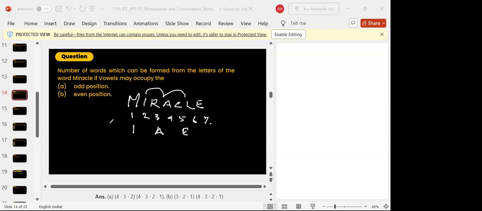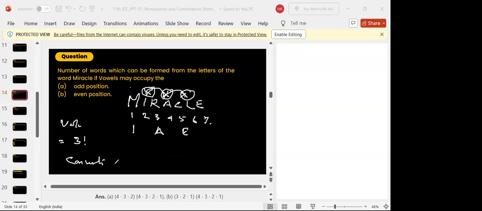So when the vowels are accompanying the odd positions, they can be arranged in 3 factorial ways. And the consonants go in the even places, there are 3 even places, so we have to arrange them.